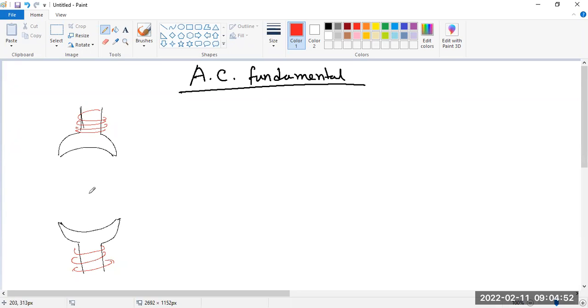Consider that is your rotor, one single rotor.